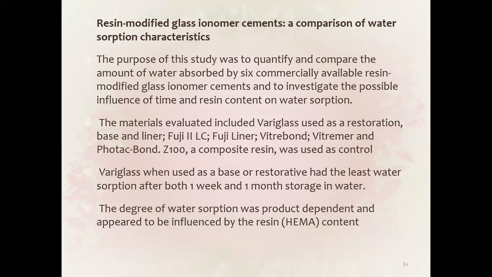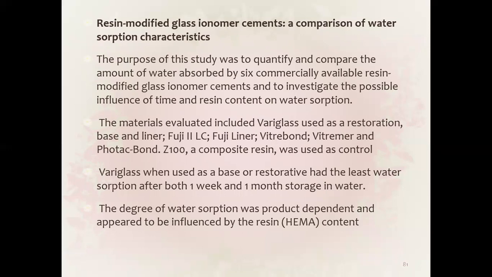Then we have resin modified glass ionomer cement: a comparison of water absorption characteristics. The purpose of this study was to quantify and compare the amount of water absorbed by 6 commercially available resin modified glass ionomer cements and to investigate the possible influence of climate and resin content on the water absorption.